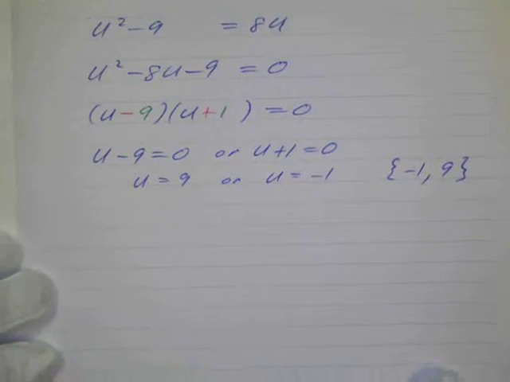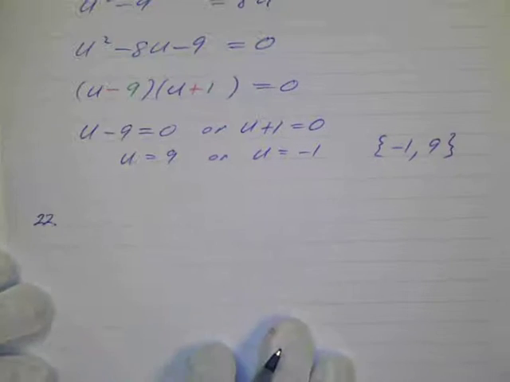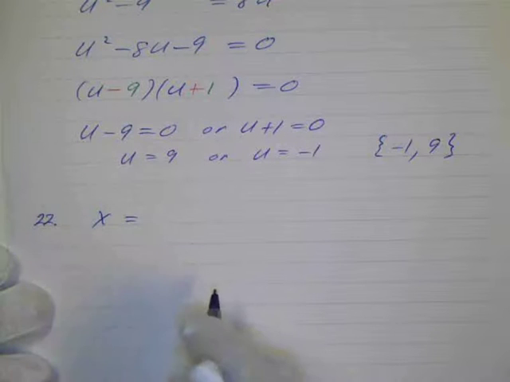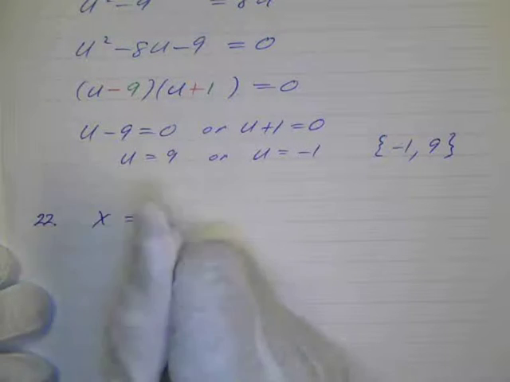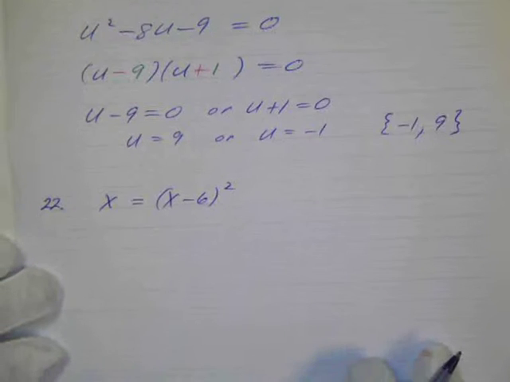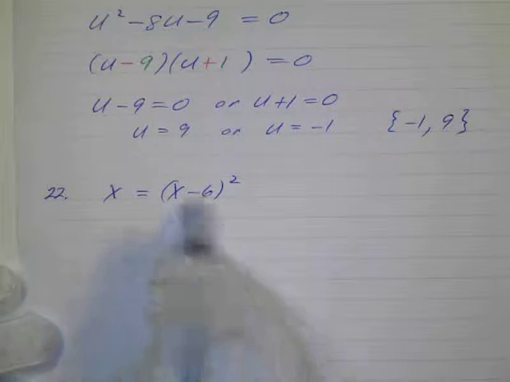Okay, and then number 22 looks pretty good. x equals x minus 6 squared. So the first thing we need to do is we need to multiply this out. Now this is a binomial square.